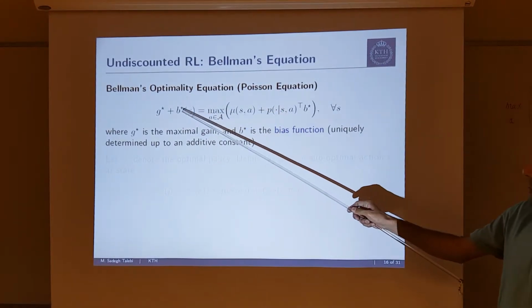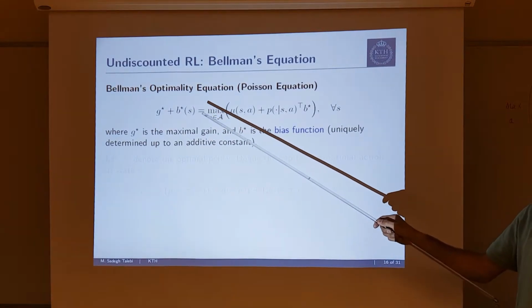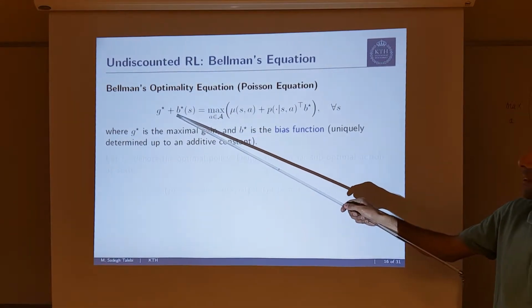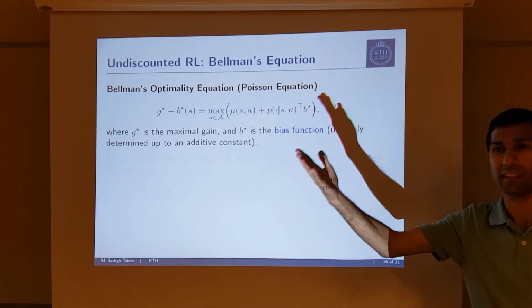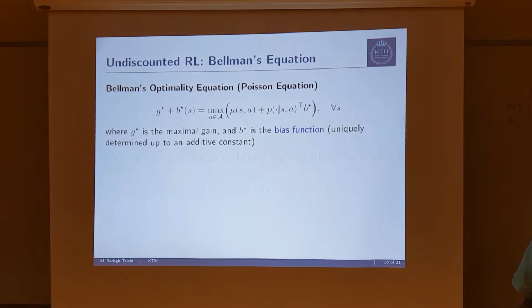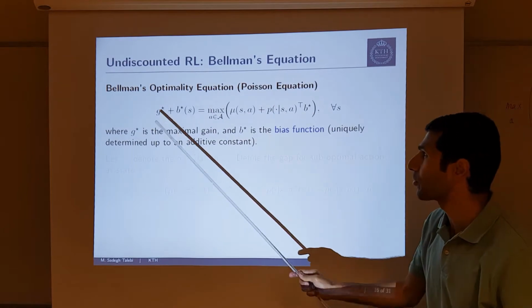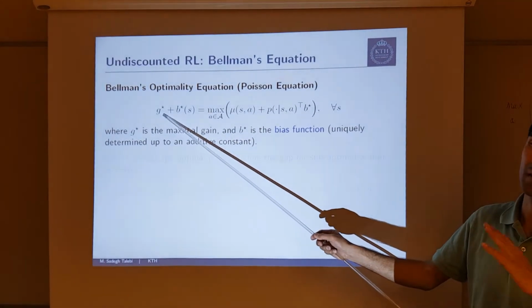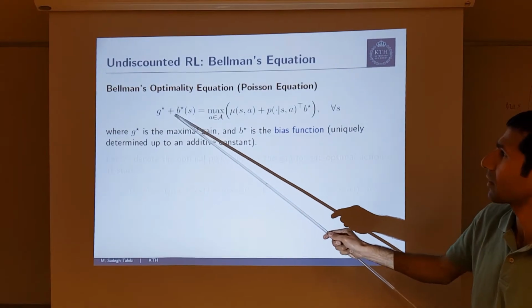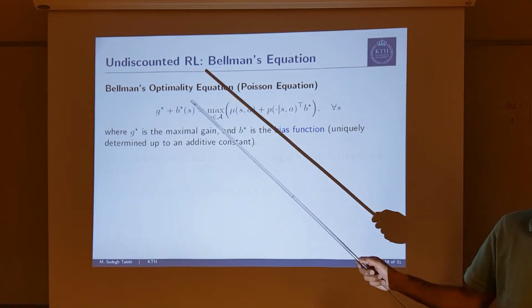So what is the interpretation of this bias function? This is basically the relative gain that you get by starting at a state S rather than a state S prime. It says you would get average gain of G star if you start in any state, but up to this V star of S. So it's some slack.